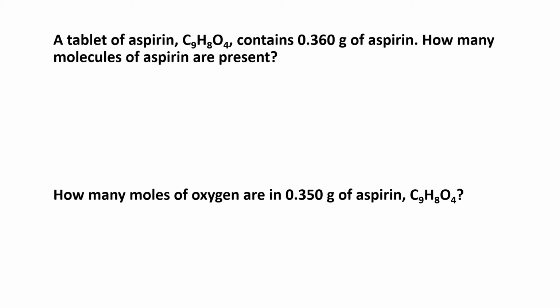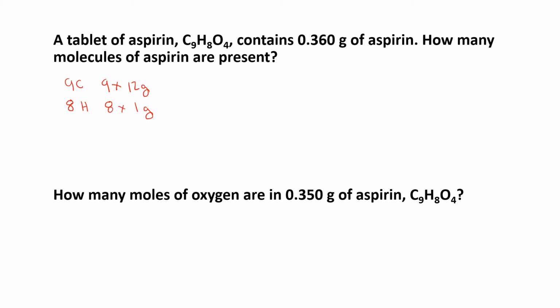All right, so we have 9 carbons, so we say 9 times. You could use AMUs here, 12 AMUs, or we could just say 12 grams because we're calculating molar mass, which is going to be expressed in grams anyway. So there's nothing wrong with that. All right, so we have 8 hydrogens, so we say 8 times 1 gram, because 1 hydrogen is 1 AMU.